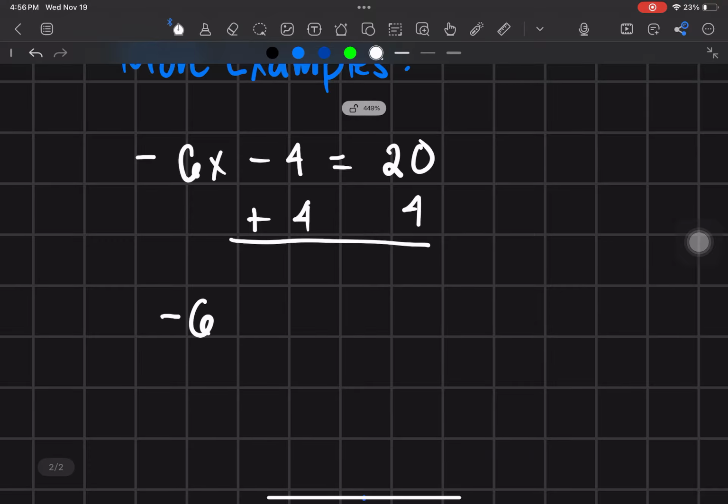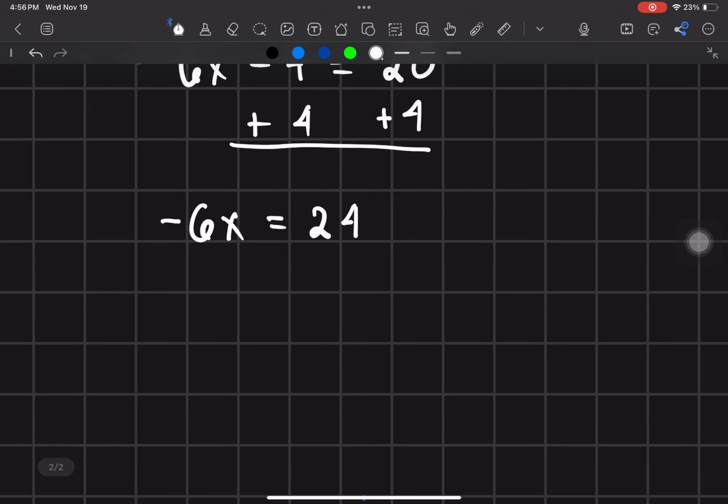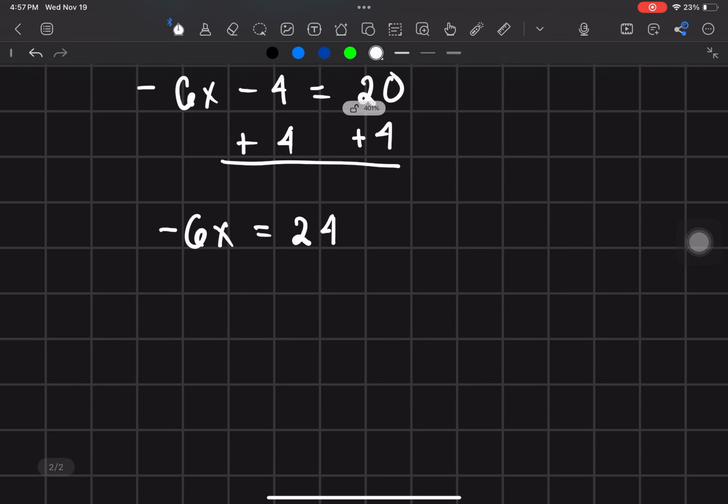So we'll get negative 6x. 4 minus 4 is simply 0, equals 20 plus 4, which is 24. So now we have a product of negative 6 and x on the left-hand side of our equation. So what we can do here, if you remember a previous example, is divide both sides, correct?